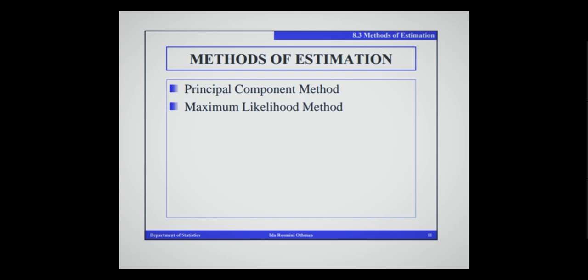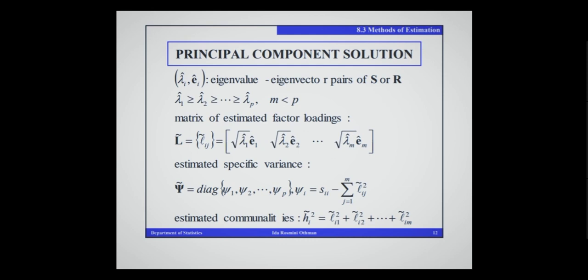Okay, saya pergi kepada method of principal component. Okay, like I said tadi, we use this estimation untuk kita nak estimate the factor loading dan nak estimate the variance. Okay, using the principal component solution. Okay, as you know before this, untuk principal component kita ada dua. Sama ada we have the value of the eigenvalue dan juga eigenvectors. Okay, we can have the values of these two using whether covariance matrix ataupun gunakan correlation matrix.